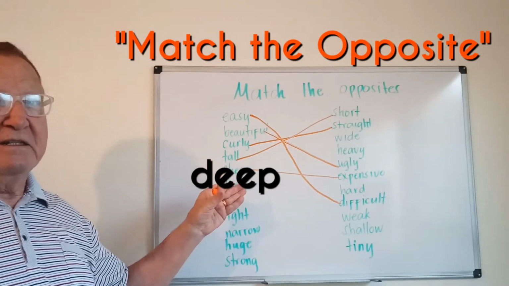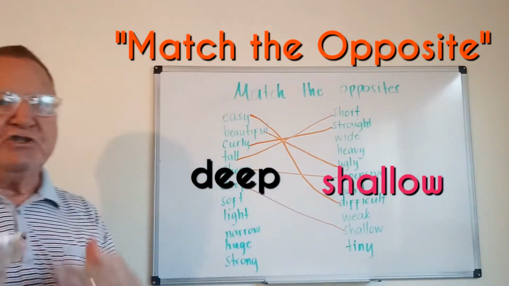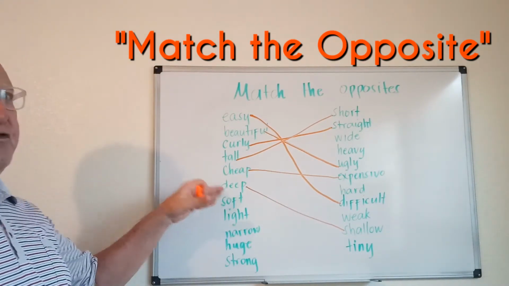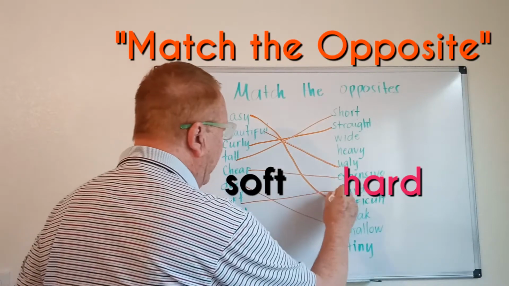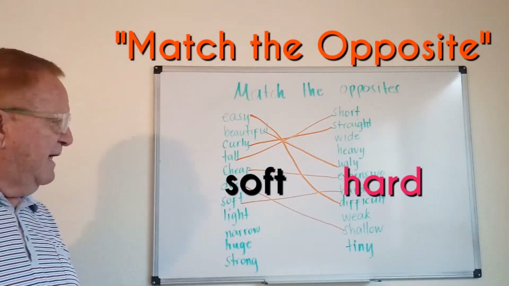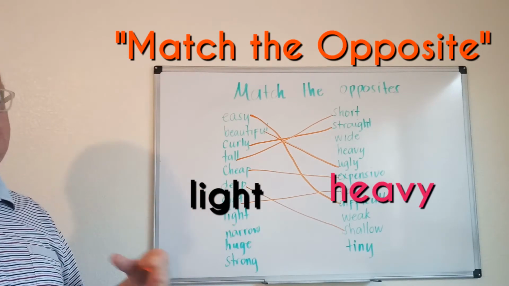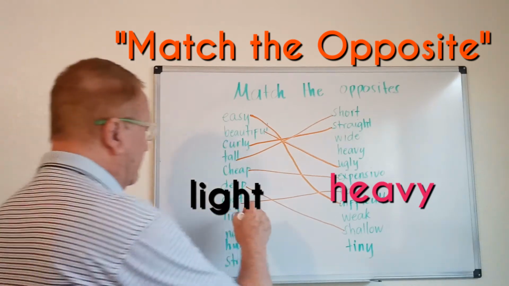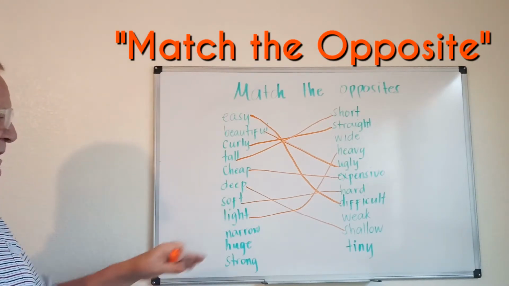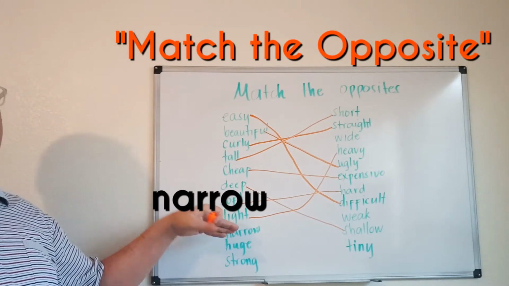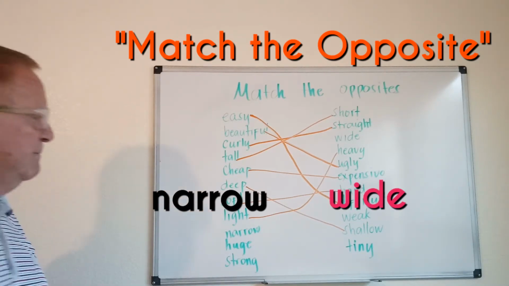Deep would be shallow. Deep, shallow. Soft would be hard. Soft and hard. Okay? Light would be heavy. Light, heavy. Right here, light and heavy. Narrow, the opposite or antonym of narrow is wide.